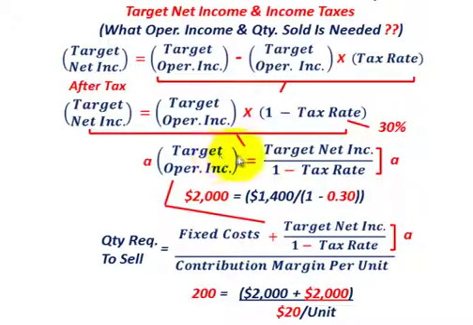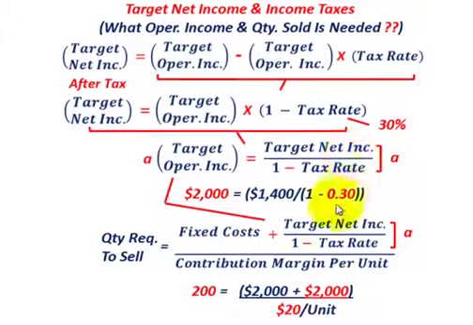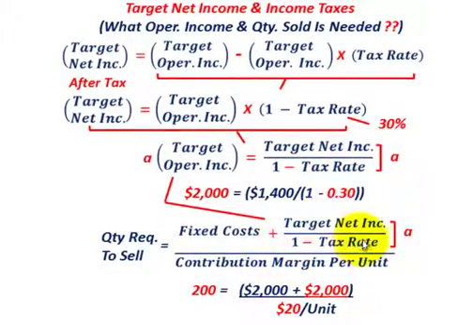But we know our operating income, we defined it as our targeted net income divided by 1 minus the tax rate. So you take your fixed cost plus your targeted net income divided by 1 minus your tax rate, then divide that by your contribution margin per unit. Here we come up with the quantity required to sell, 200. Fixed cost was $2,000, plus our targeted operating income.